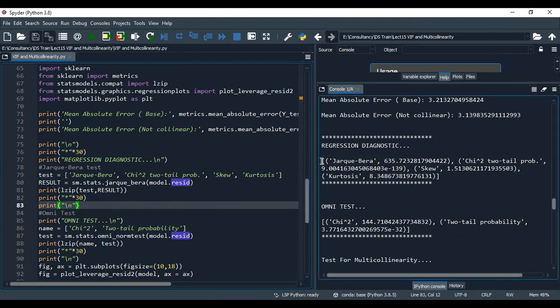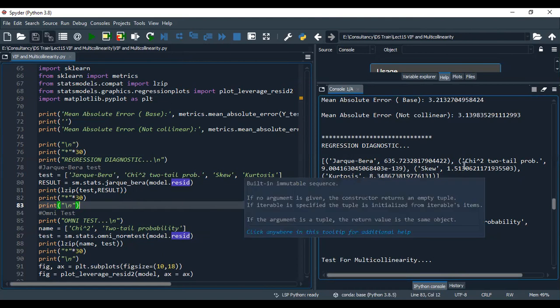In this case, the outer bracket is a list, and the inner bracket is a tuple, holding the JB value, chi-square value, skew value, and kurtosis value.